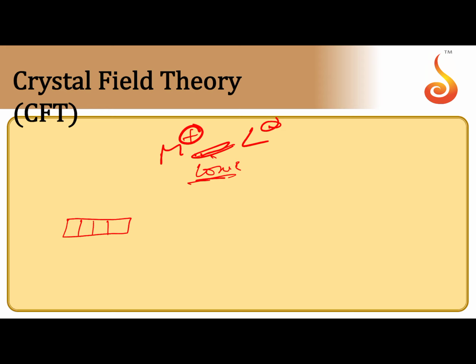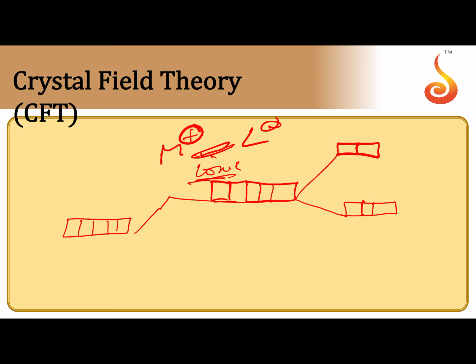Because of the crystal field, the 5 d orbitals are first excited into a higher energy level. Those 5 d orbitals split into 2 sets. If it is an octahedral complex, the set of 3 orbitals are called t2g orbitals, and the set of 2 orbitals are called eg orbitals. This is called crystal field splitting.